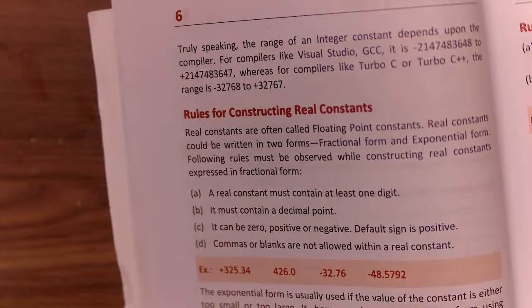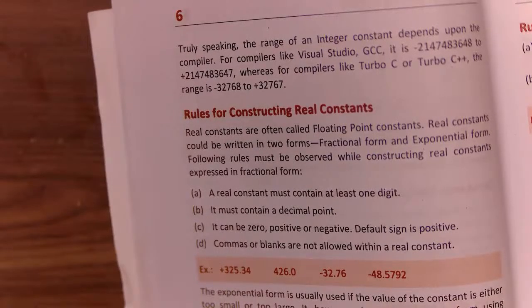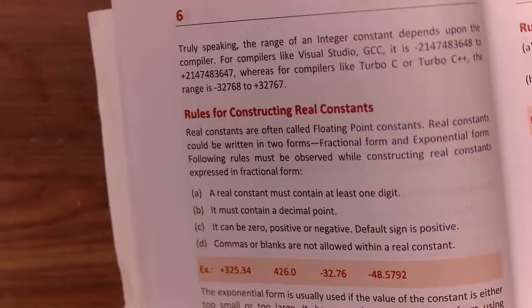Every time you write a float and give it a number, you have to provide a dot zero, even if it does not have a decimal value, like 426.0. This is the thing you have to care about.